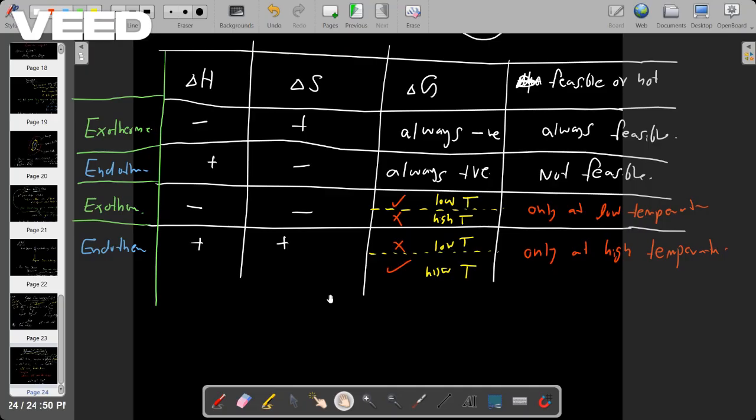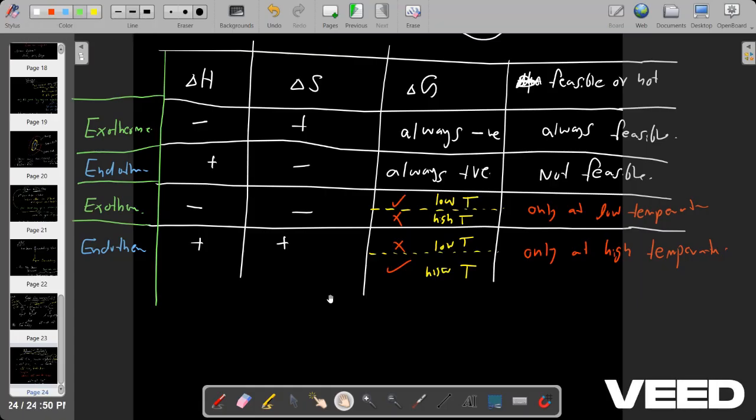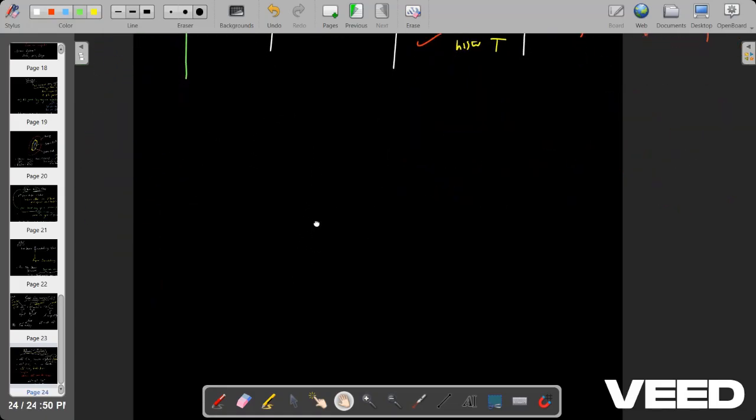I will give you a question. Let's see whether you can do this. It's easy, right? Determine whether the reaction is thermodynamically feasible or not. Whether the reaction is spontaneous or not.